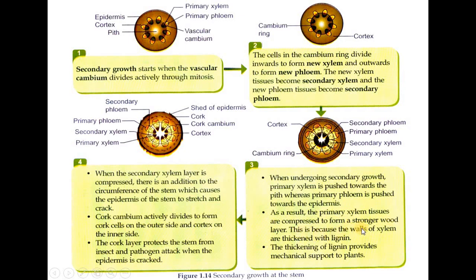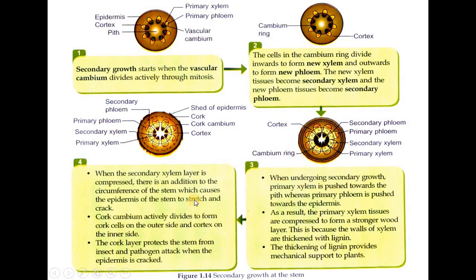This is because the walls of the xylem are thickened with lignin. So what is lignin? Lignin is a complex structure in the cell walls that provides rigidity to the cell. The thickening of lignin provides mechanical support to plants.